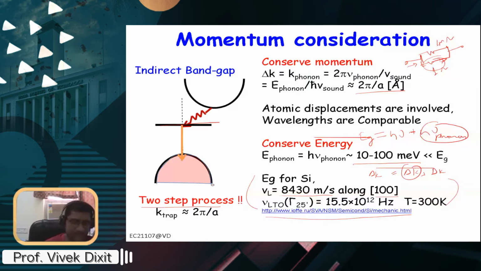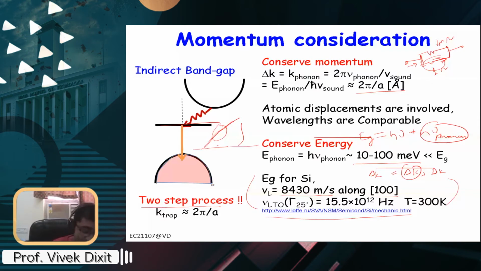Here we have also discussed photon generation. For an indirect band gap, photon generation is also inefficient, and its curve is something like this. It's not as sharp as in a direct band gap. Electron-hole pairs can be generated by photon absorption in an indirect band gap, but it is a little sloppy, so it is less efficient.